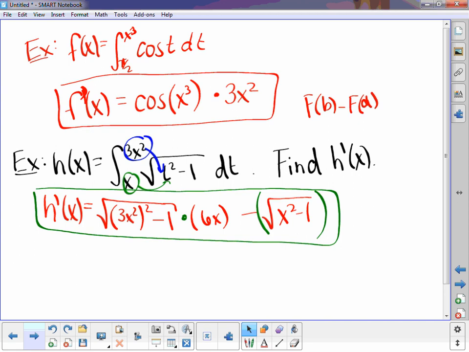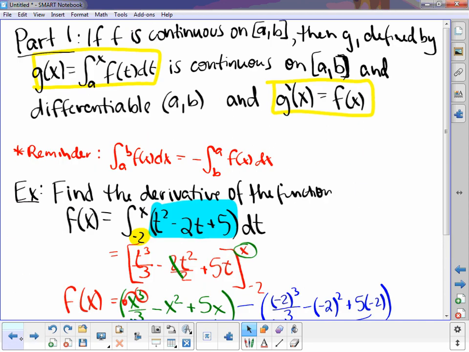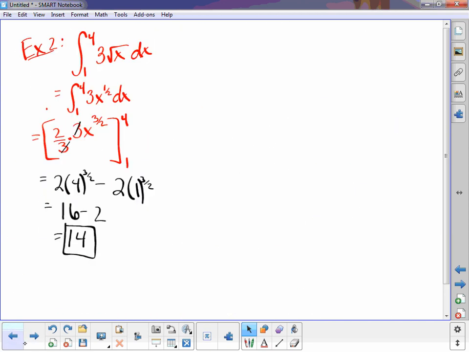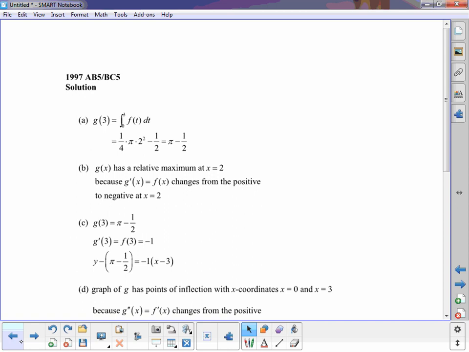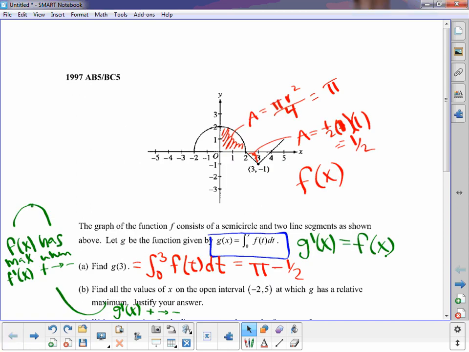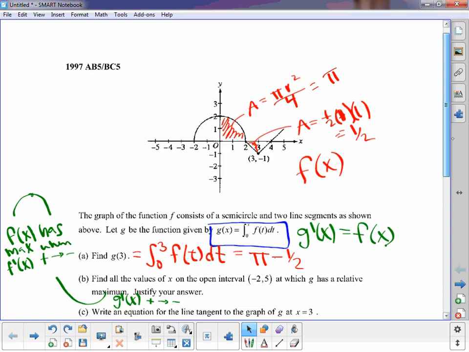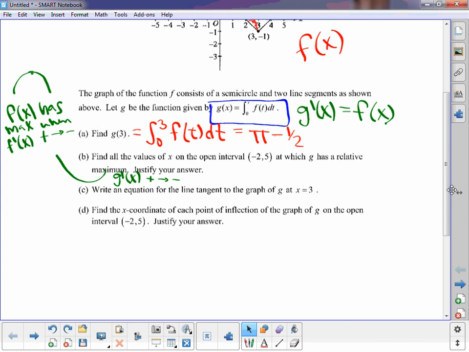So if we go back to that problem that we were doing in the beginning, this is why when I take my derivative here, oh look, 0 to x, right? So if I do my FTC part 1, sounds so cool when you say it that way. My derivative of g of x is simply taking my x and putting it in, right? My derivative of g of x is just f of x.